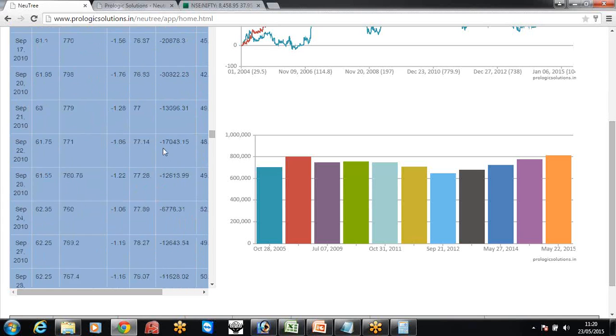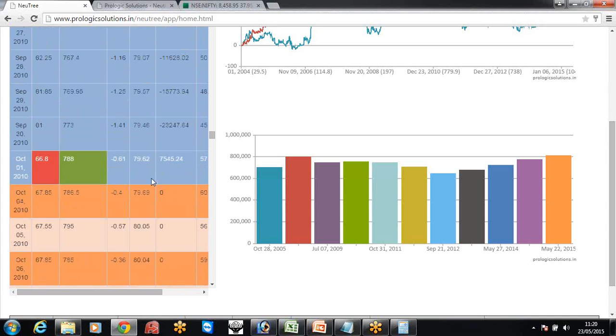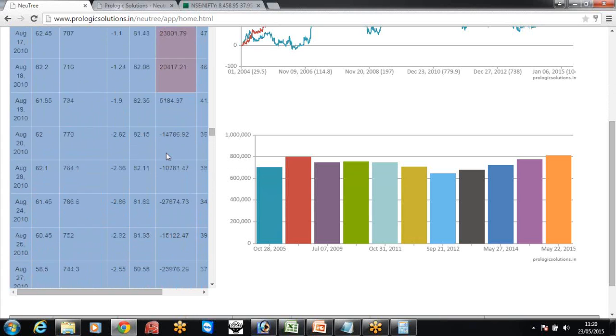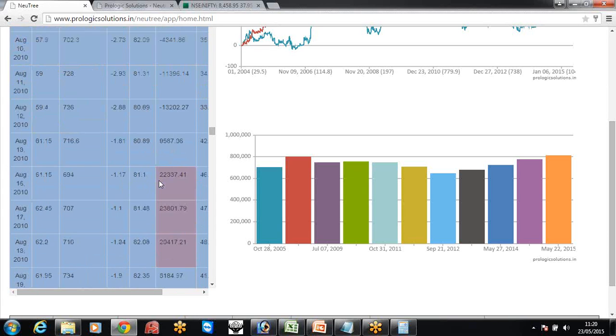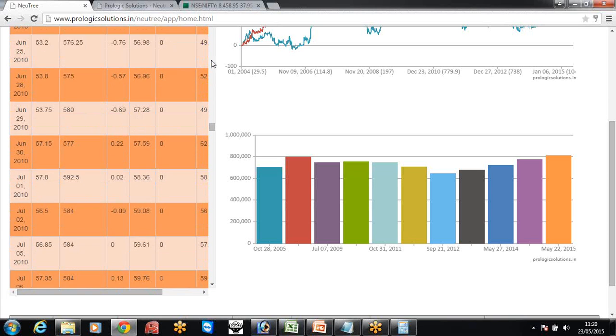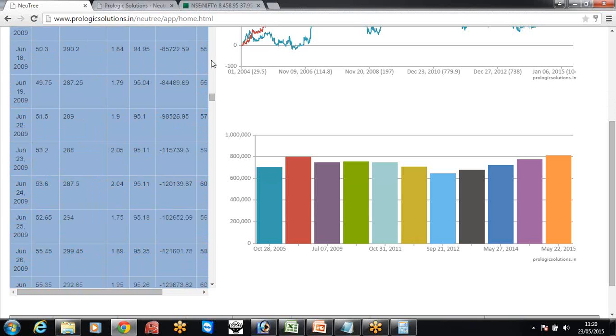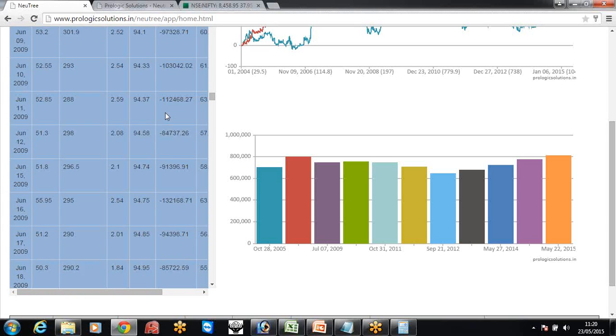This is a profit trade. Okay, it actually closed in loss. Sorry, in profit only. Whereas you can see that it already gave you profits within 7 days. This is again a loss call.